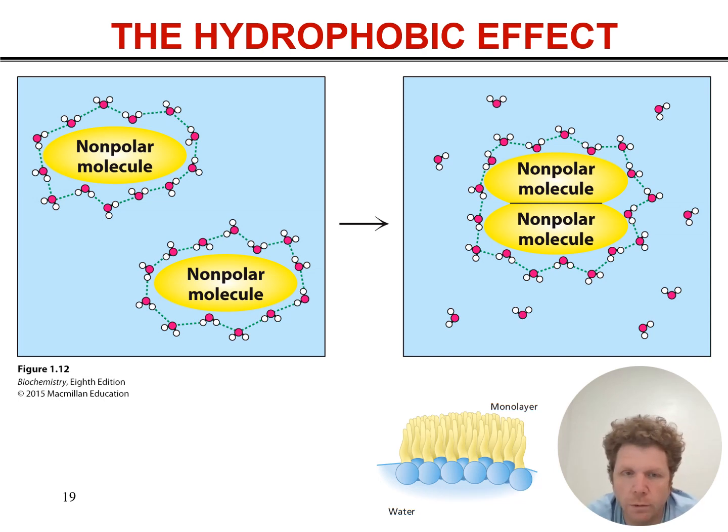They have these water molecules that have formed these nice fences around them of sorts. And then those nonpolar molecules aggregate together and give us something like what we see on the right-hand side. The water surrounds these nonpolar molecules, and rather than there being two separate ones, there's one contained thing.